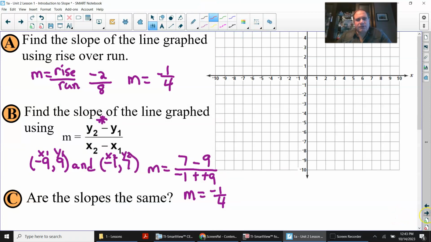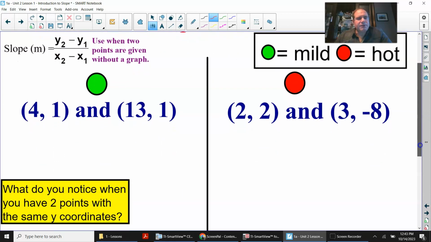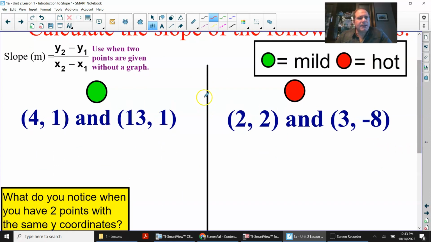All right, so I'll do that first one with you, and then you could do the second one. So we're going to label again x1, y1, x2, y2. And I see the slope formula up here. And subtraction.